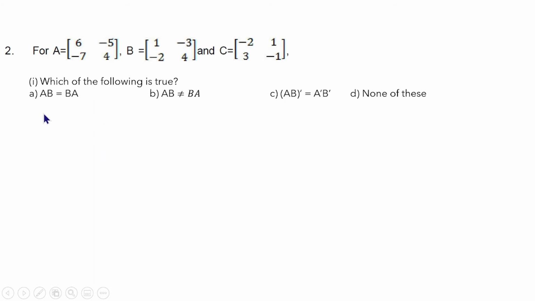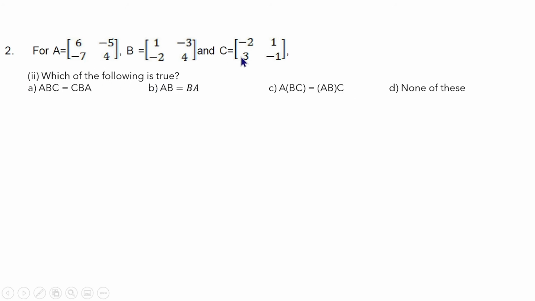We know that matrix multiplication is not commutative, so this is not true, and AB the whole transpose is equal to B transpose A transpose, so this is also not true, only this is true. So AB not equal to BA.